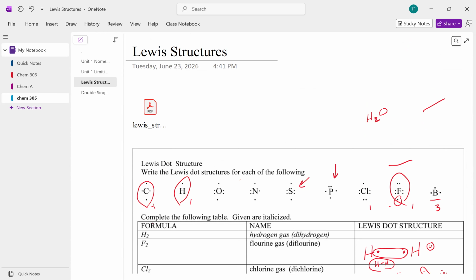Phosphorus is 5. Chlorine's got 7. Fluorine got 7. Boron 3. Then when you start adding those up, see, my method doesn't take into account the electron pairs. I just throw those in and leave them there because they can't do anything. They're already paired up, so they're not part of the process. So you're working with far fewer numbers here.